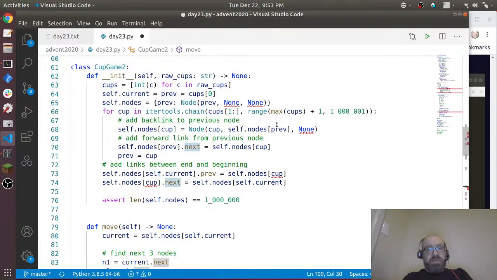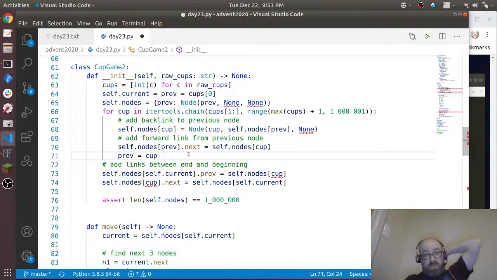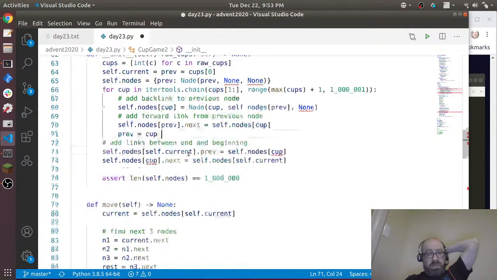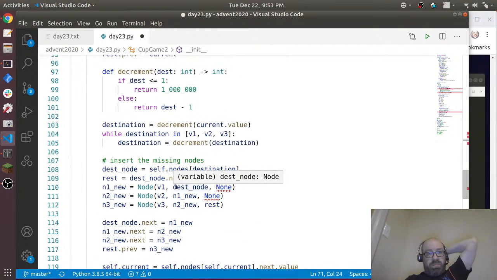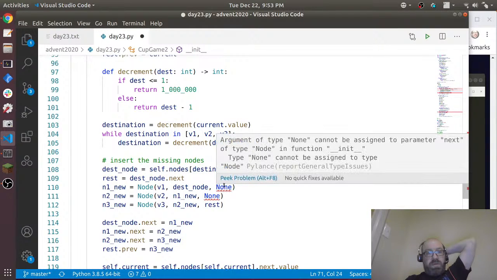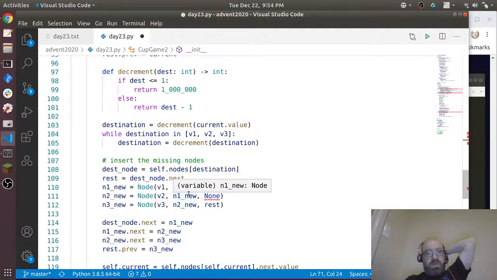And so self.nodes, copy of self.nodes, prev, next, self. Okay, so that's fine. N1 new is a node with value 1, dest node and no next. N2 new node, N1 new, no next.